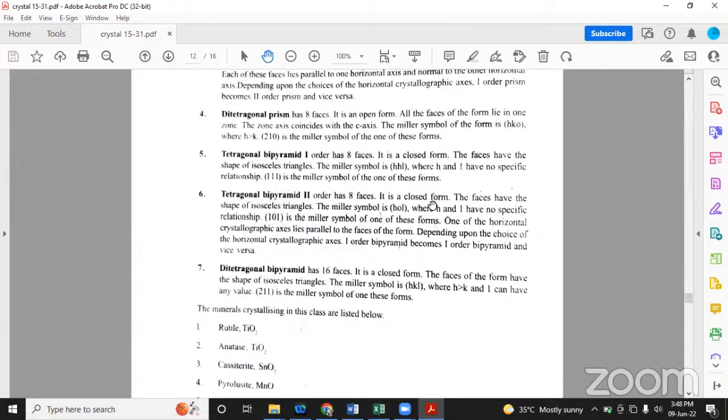There is a third order tetragonal prism, and a bipyramid of third order. Having 4 faces, you will not observe it here, but there is a tetragonal bipyramid of the third order also, with 4 faces, but the Miller symbol is different.